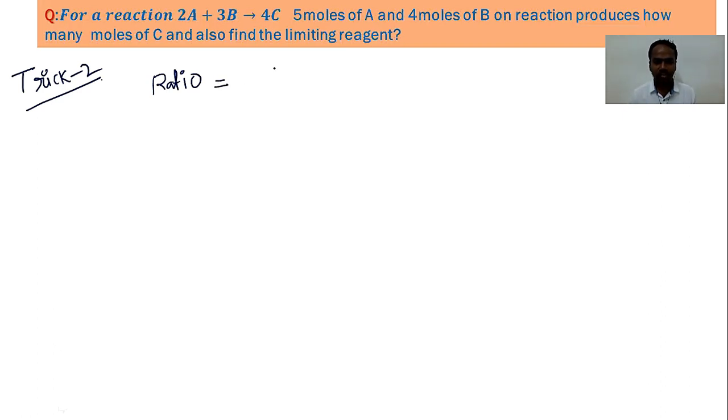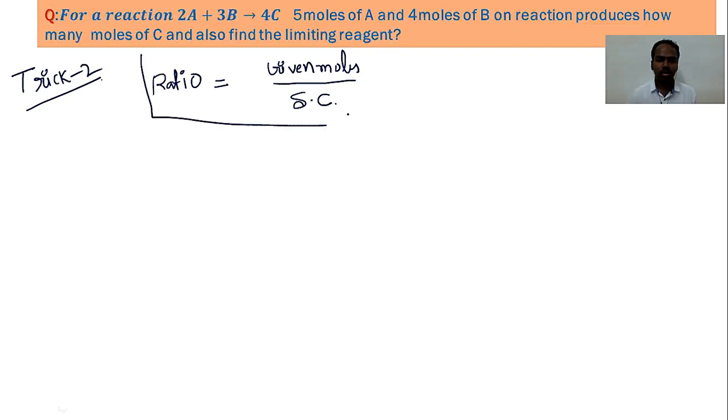It is the ratio between the given moles, the moles given in the question, to the stoichiometric coefficient. This is the ratio we need to find for every reactant. The reactant which has the least ratio is called the limiting reagent.